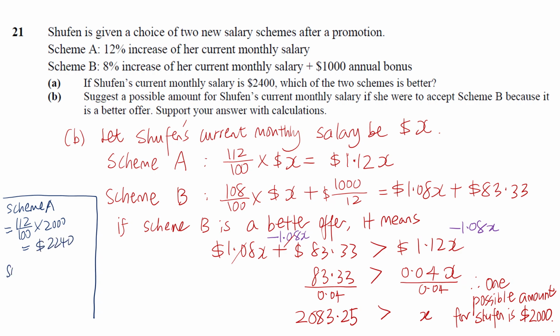And let's check for Scheme B, which will be 108 over 100 times 2000 and then plus 83.33.